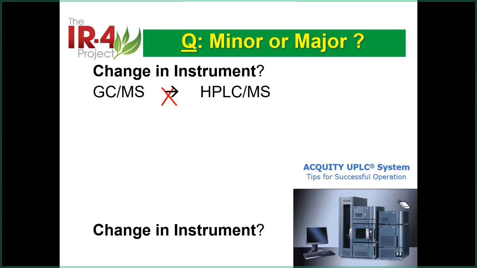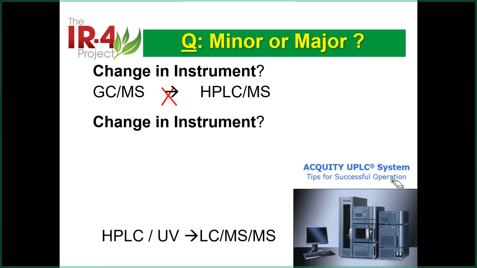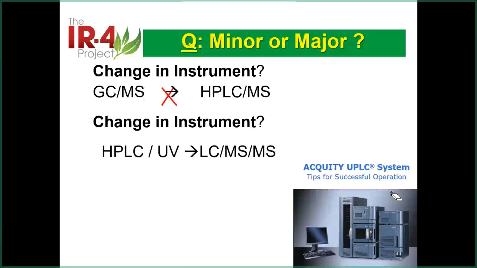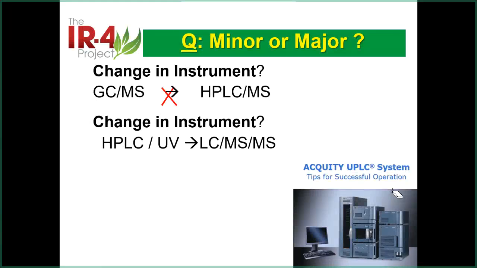Okay. The next one, well, this one is LC-UV to LC-MS/MS. So is this okay or not? And we do know, let's look at it this way, the HPLC is equivalent, it's the same. Now, if we only talk about the detection, this is fine.